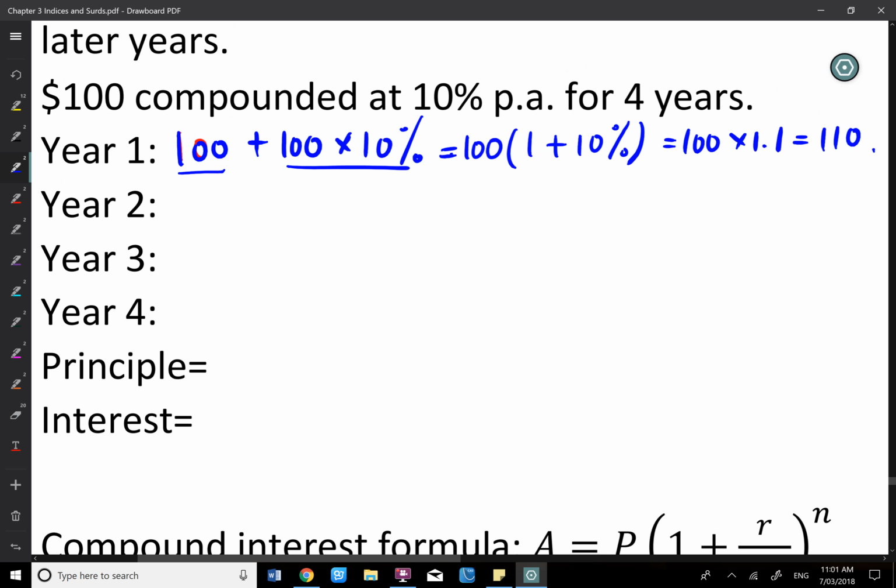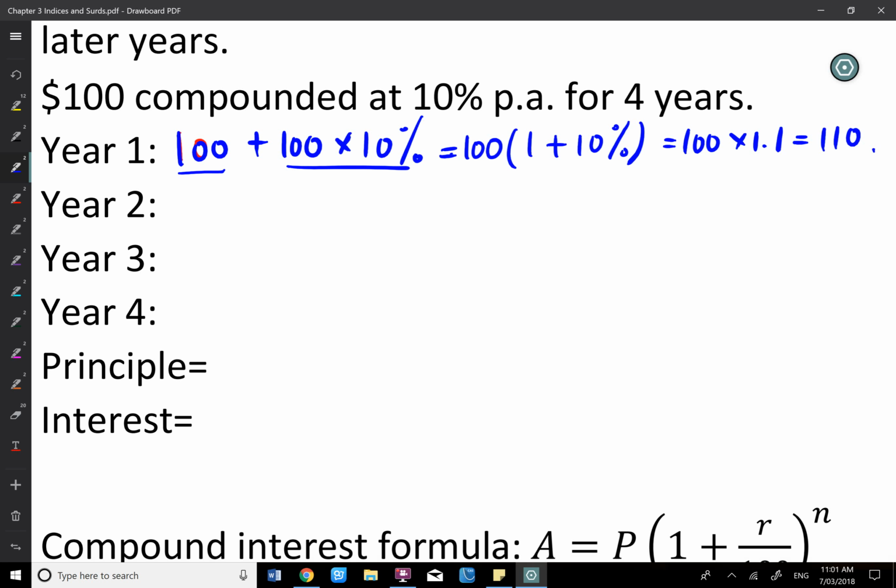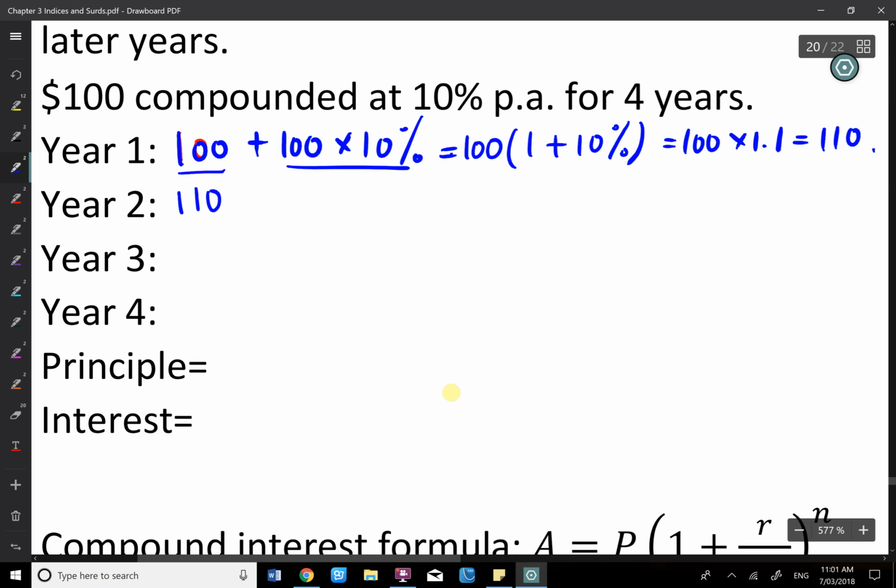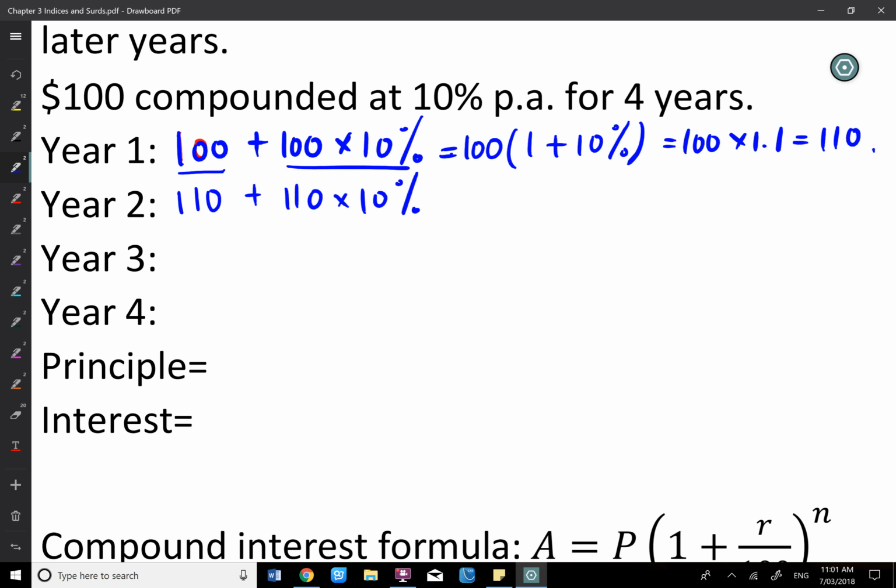Then in the second year you use $110 to earn interest. So 110 plus 110 times 10%. Your 10% interest helps you earn, so 10% of your interest will be the next year's interest.